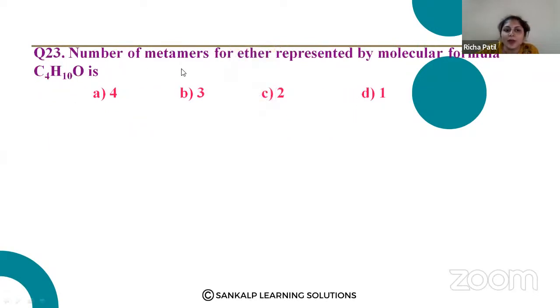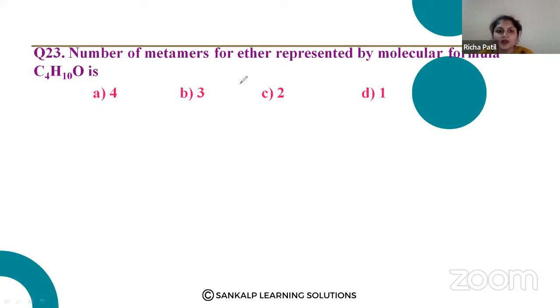The number of metamers for the ether represented by molecular formula C4H10O. So what do you mean by metamers here? Metamers are isomers which have the same molecular formula but different alkyl groups on the two sides of the functional group.